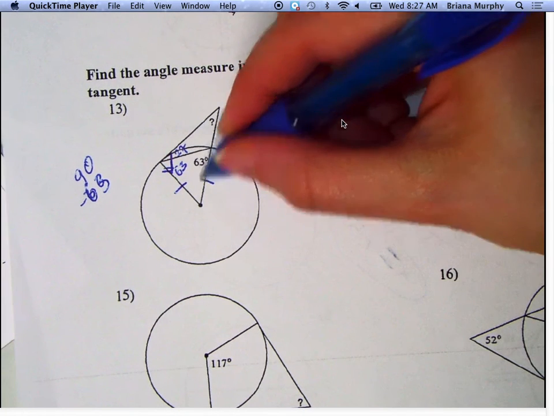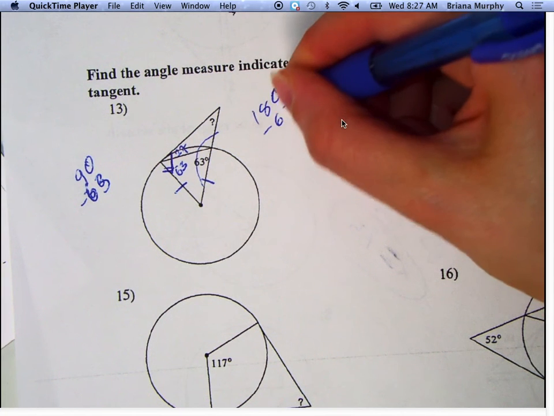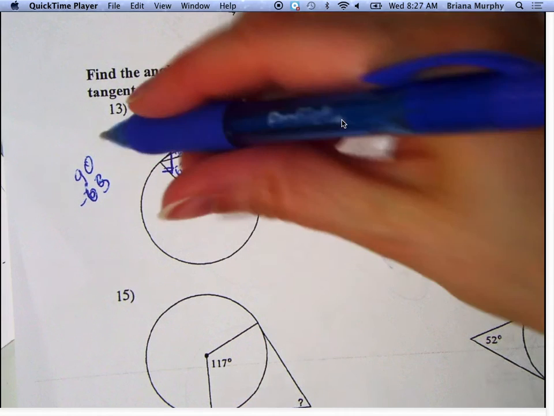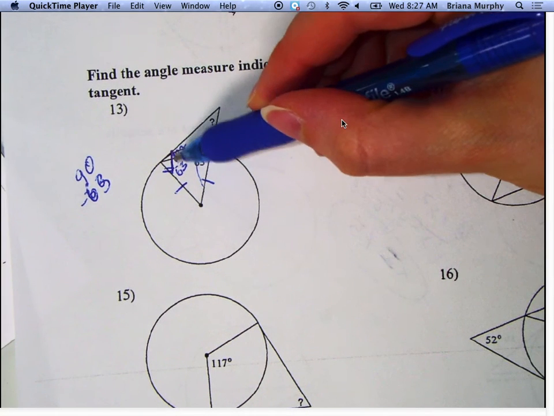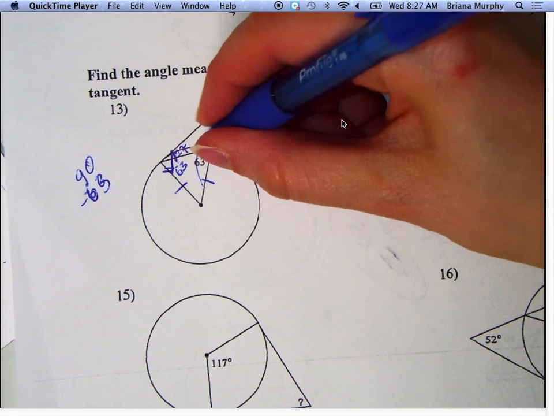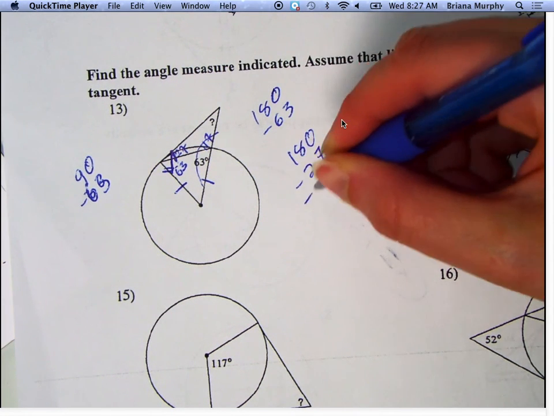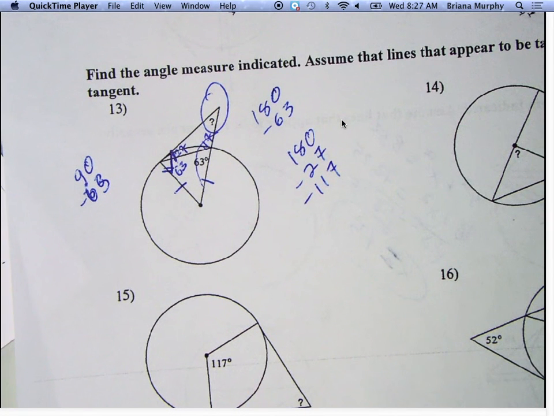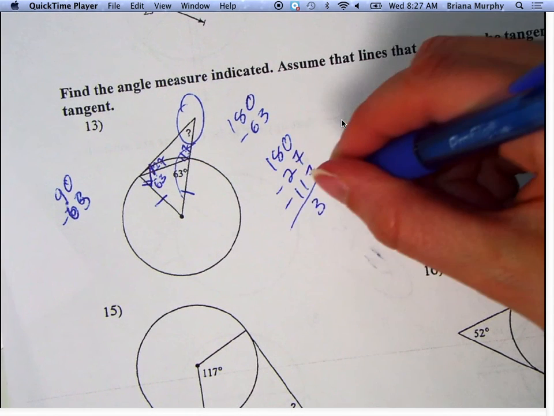I know this angle has to be 180, so I'm going to go 180 minus 63, so this is 117 in here. So 180 minus 27 minus 117 gives me this angle across from 63. So that's 36 degrees.